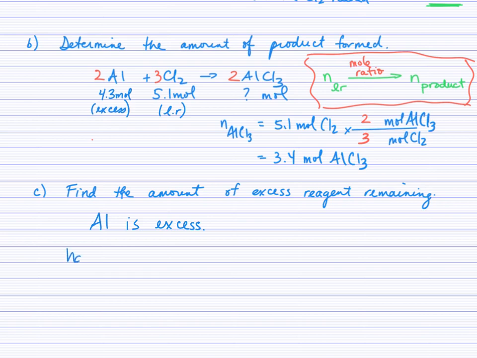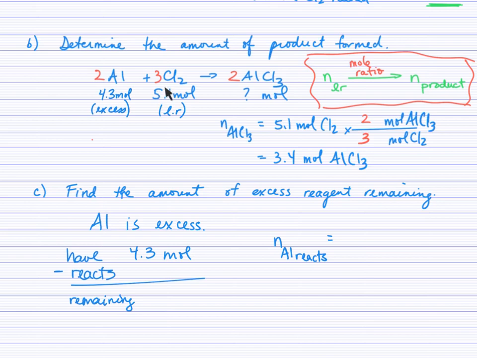Right. So what we have to start of the aluminum is 4.3 moles. So if we can subtract what actually reacts, then that will leave us with the remaining or leftover portion. So the question is, how much of the aluminum actually reacts? So we're trying to find the amount of aluminum that reacts, which is really the stoichiometric amount of aluminum that's required to react the 5.1 moles of chlorine.